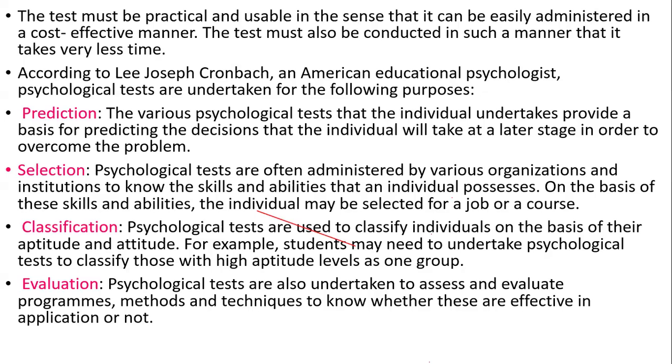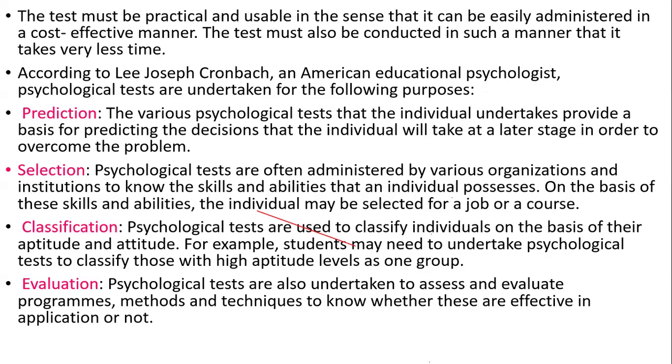Right. Then, according to Lee Joseph Cronbach, an American educational psychologist, psychological tests are undertaken for the following purposes. What are the purposes for which we are taking psychological tests? First one is, yes, what is the first one? Prediction. Can somebody read? Why are we doing psychological tests? For prediction.